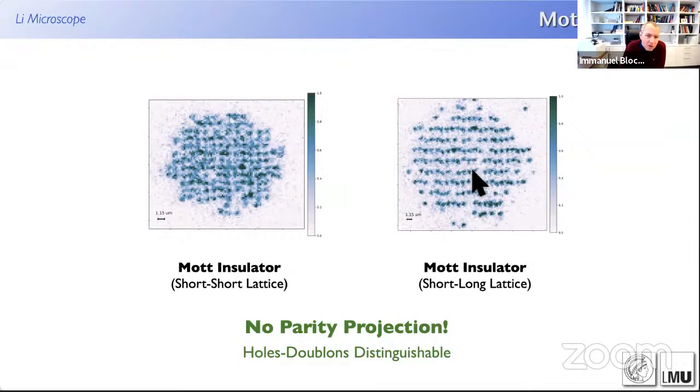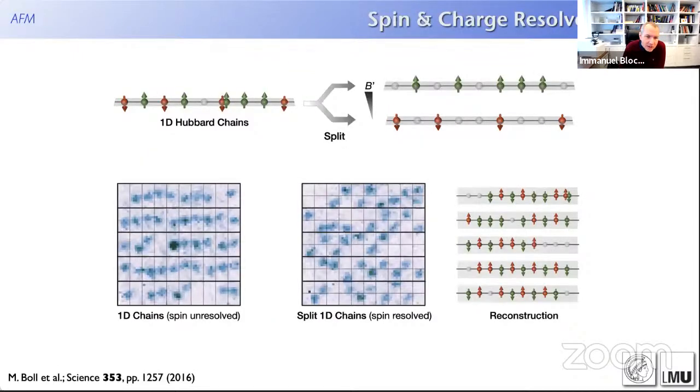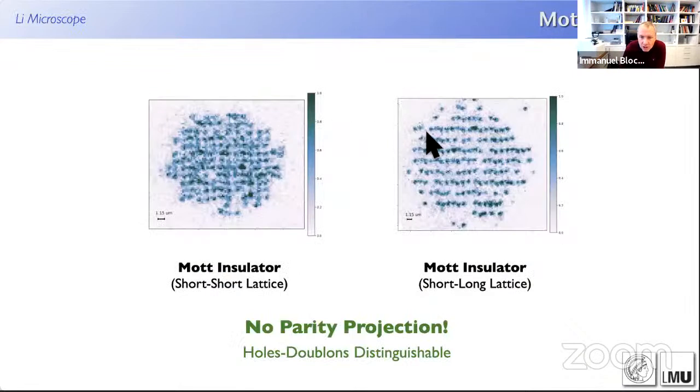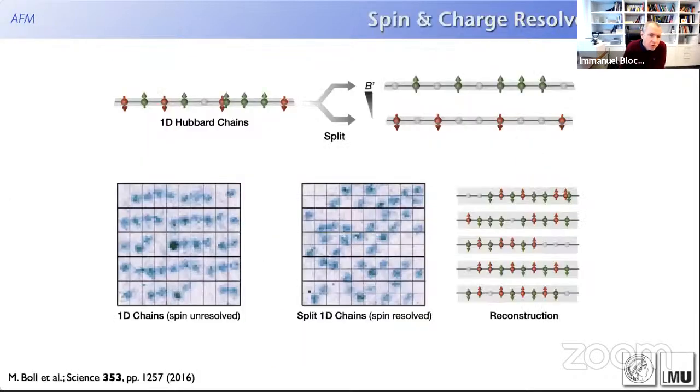And now we can make use of this system to have a spin resolved detection in the following way. We can do the following trick. Let's imagine you have a one-dimensional chain like this one, and you want to see where the spin ups and downs are in the system. So in order to do that, you take this 1D chain and you split each lattice site here into two lattice sites.